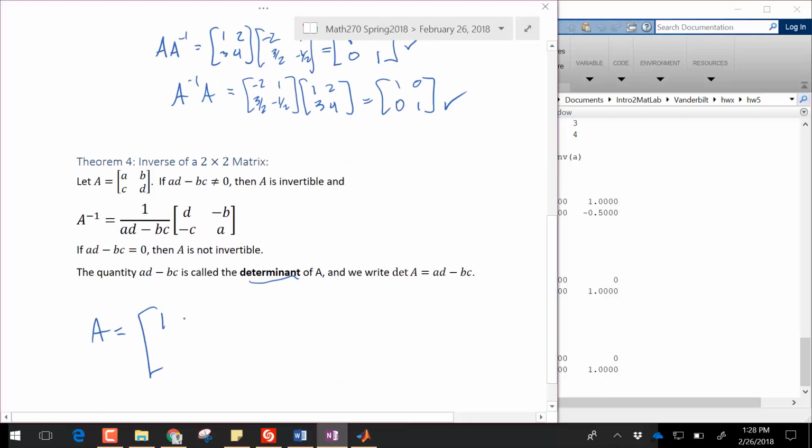So if A was our matrix 1, 2, 3, 4, then our A inverse, according to this, should equal 1 divided by 1 times 4 minus 2 times 3, or 3 times 2, times, and then here in the diagonals, the diagonals get switched. So instead of a 1, 4 in the diagonal, I have a 4, 1. And then the wings, or I call them the wings, they get negative. They get negatived.